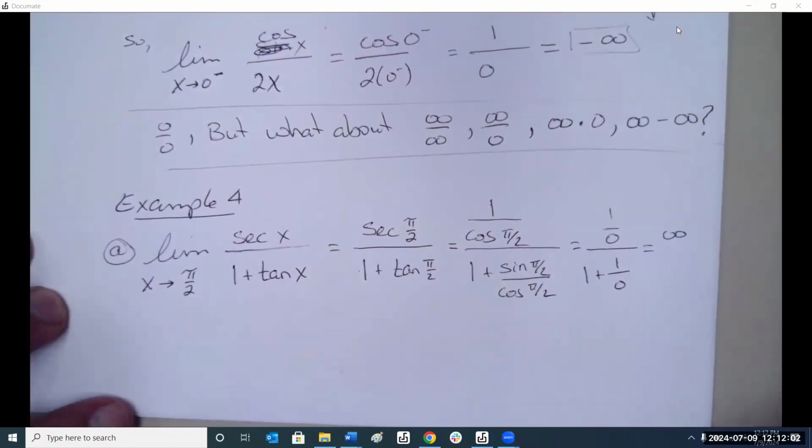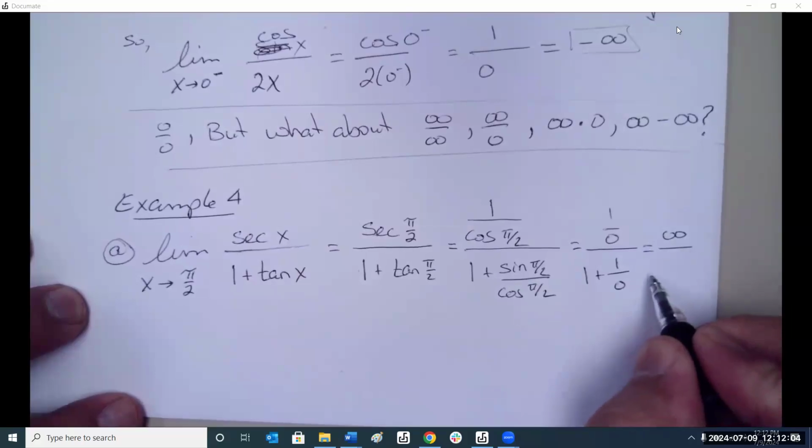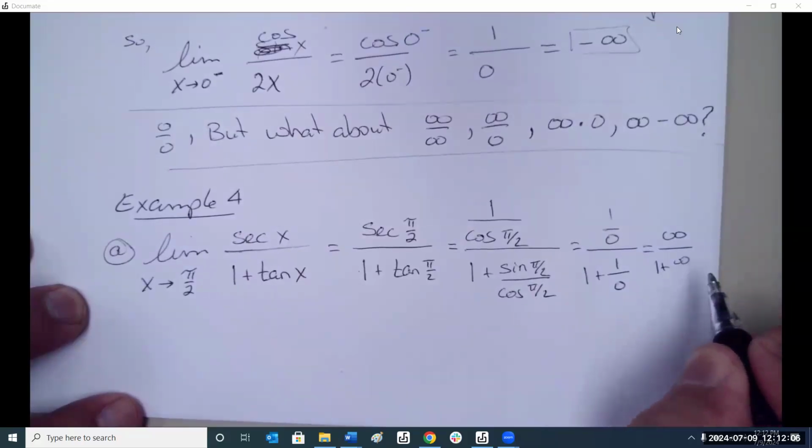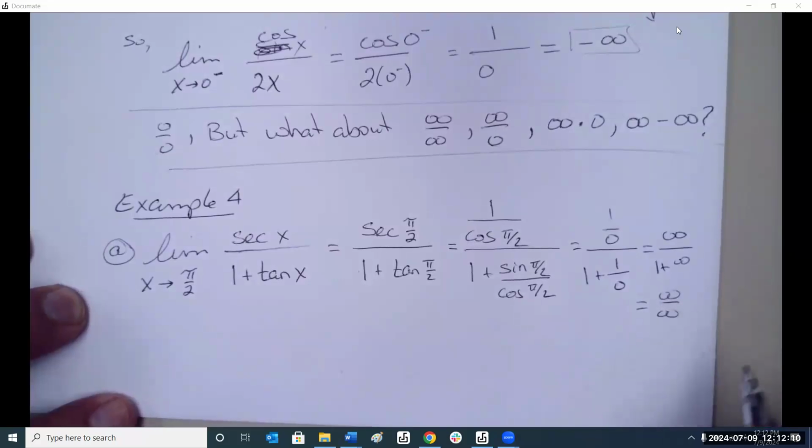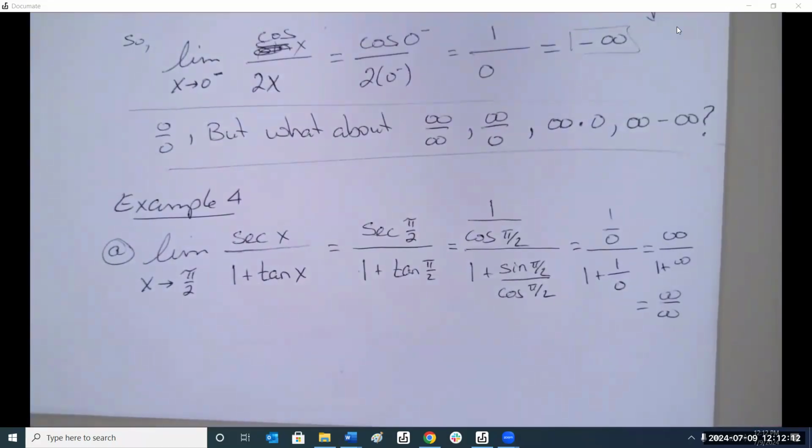Infinity. 1 plus infinity. So this equals infinity over infinity. So we can use L'Hopital's rule here, because it's indeterminate. We can't get a number.